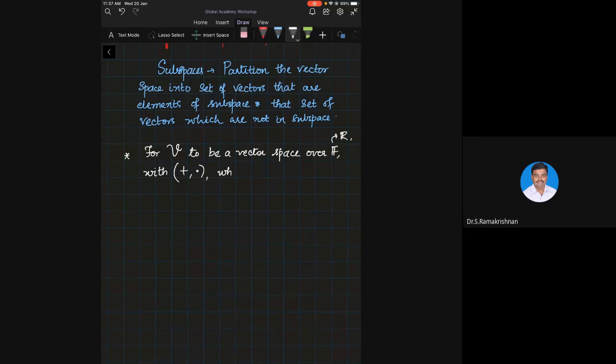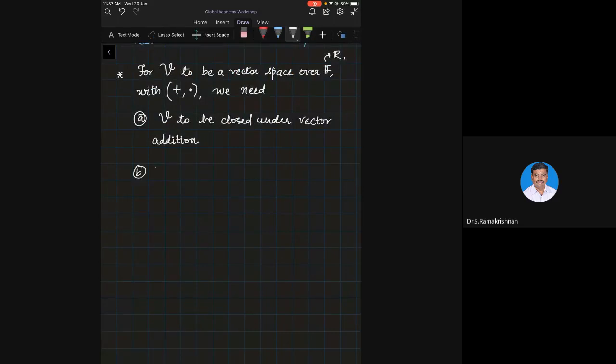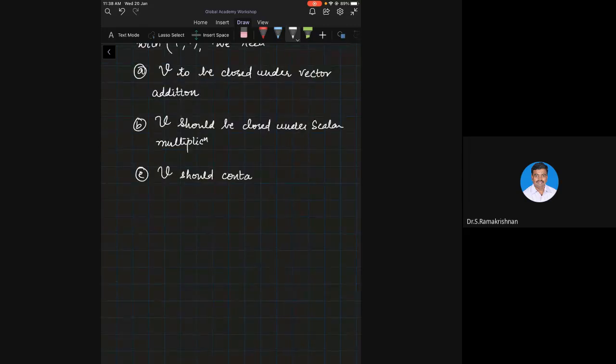We said we need V to be closed under vector addition, closed under scalar multiplication, and V should contain the zero vector.